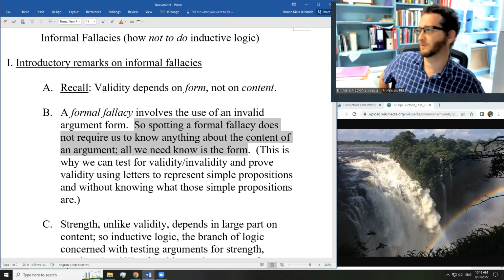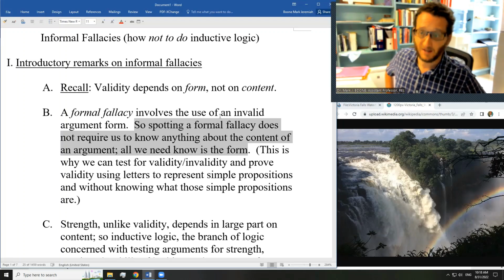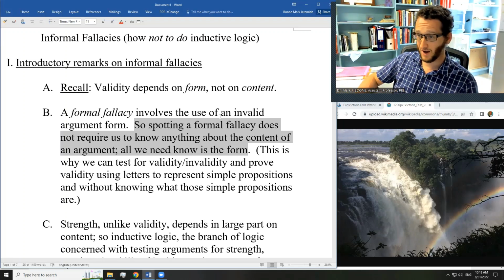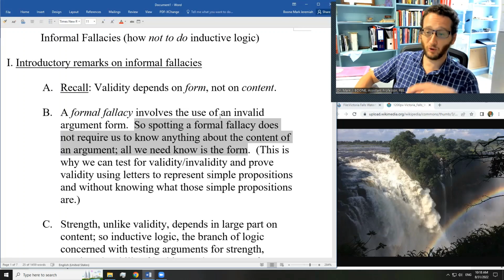Let's do one for statement logic. If X, then Y, Y, therefore X is affirming the consequent fallacy. And even if we don't know which statement is actually X and which statement is actually Y, we know that it's a bad argument.